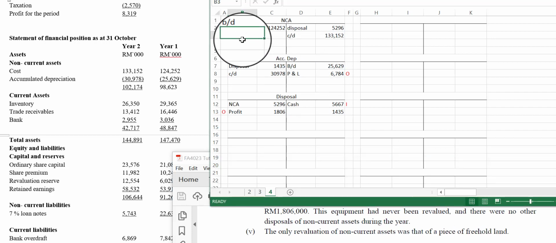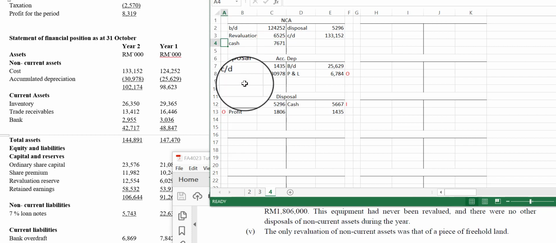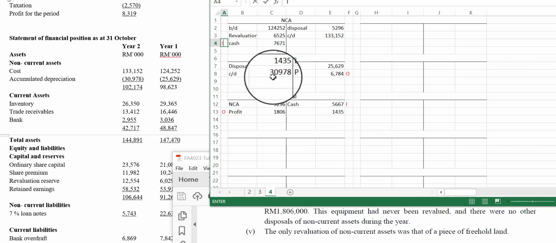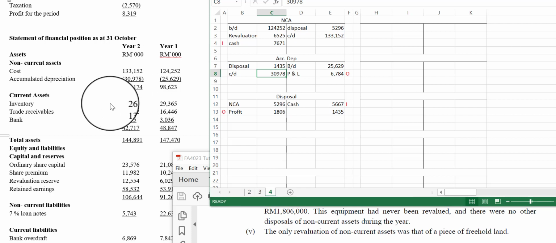So here you have a revaluation of 6,525. Then the balancing figure is the amount that you pay to buy your assets. So this one, 7,671. These are the figures that you will be using later on in your investing activities. So far that's it for your accounts.